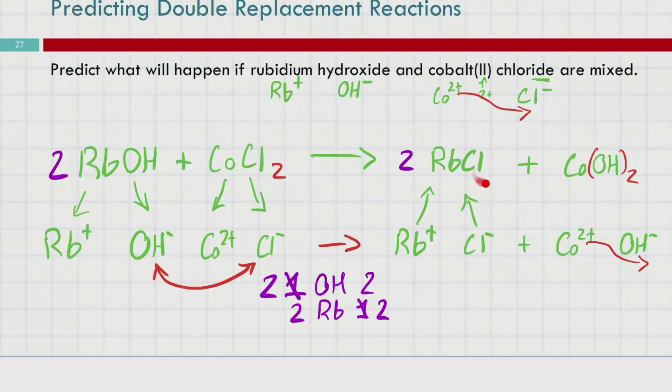So we've got 2 Cls. So for Cl, we've got 2 on the product side. And we've actually got 2 on the reactant side, so that's already balanced. The last thing to check is cobalt. We've got 1 cobalt on the reactant side, 1 cobalt on the product side. So we are all balanced up.